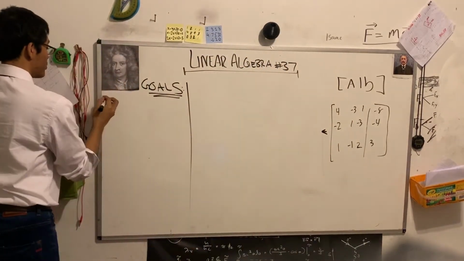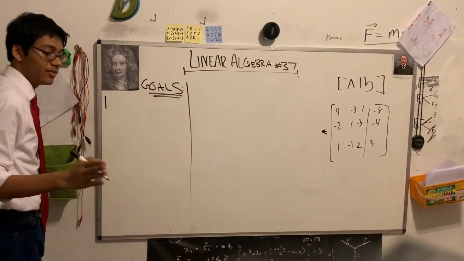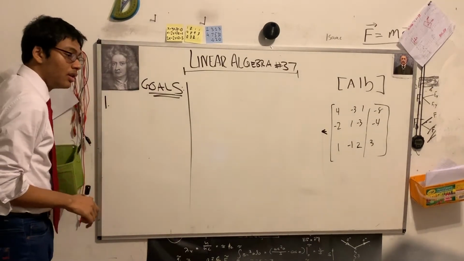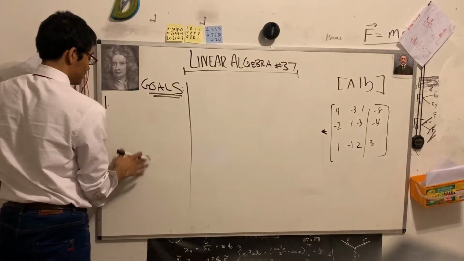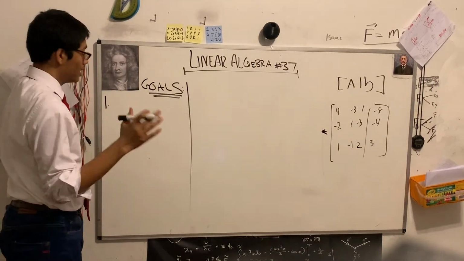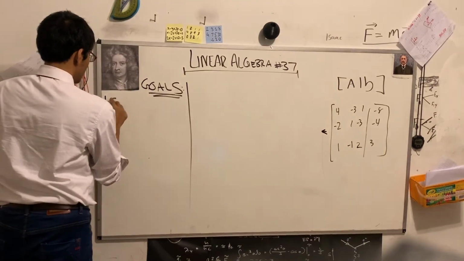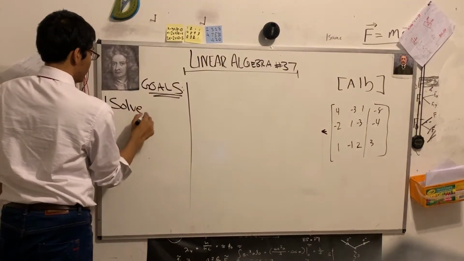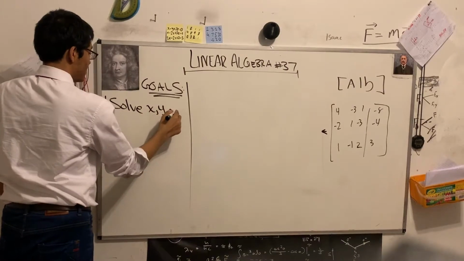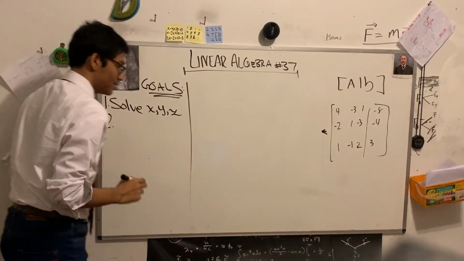What is our first and foremost goal? Tell me, Isaac. Solve for X, Y, Z. Good. I have to solve for X, Y, Z. My second goal, I want Alex to tell me.